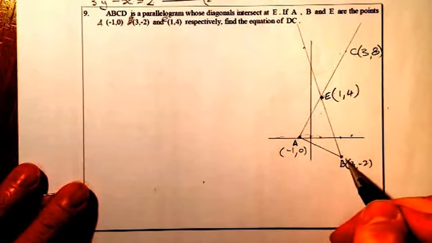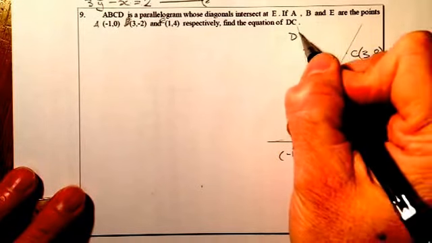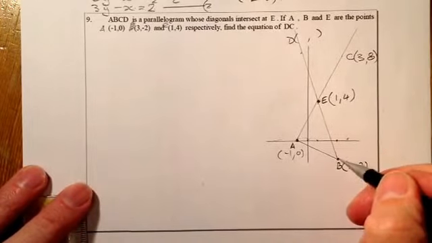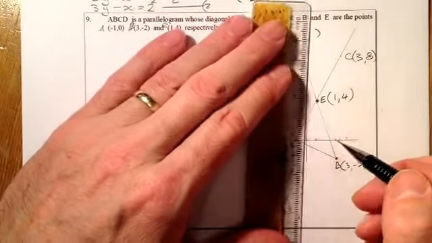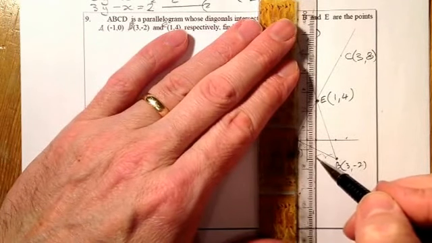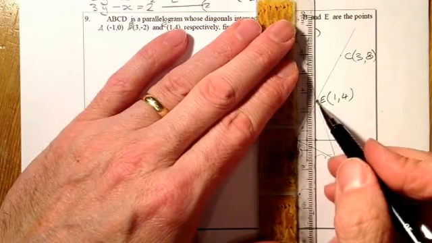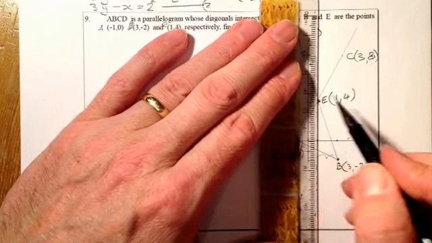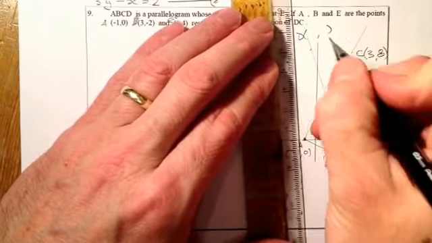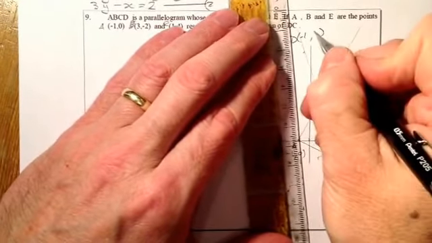I'm going to do the same from B through E to find D. So I've got D up here somewhere. Right, so from B to E, I'm going to move 2 places that way, and I'm going to have to move 6 places up to get to E. So 2 along and 6 up, so 2 along that way would take me to -1, and 6 up from there will take me to 10.